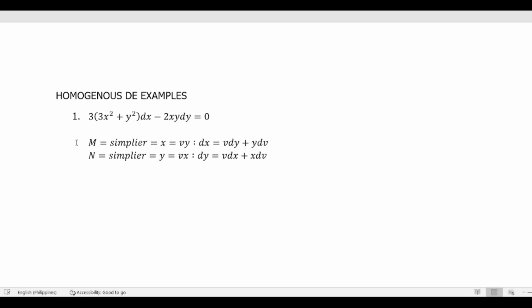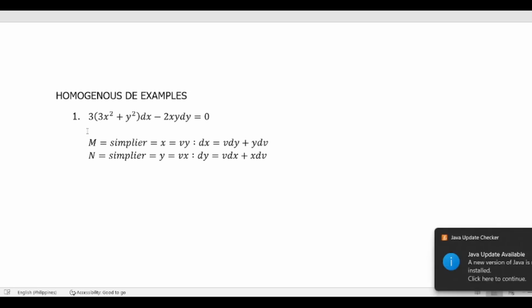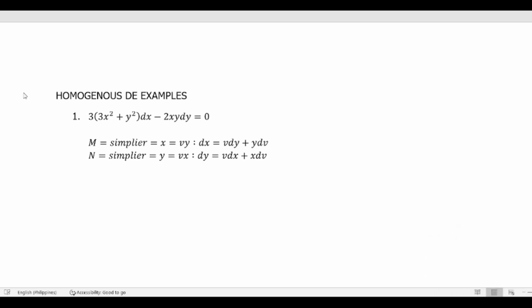So let's start. The first example that we have for today is 3 multiplied by the quantity 3x squared plus y squared dx equals 2xy dy equals 0. This is an example of homogeneous DE because of this term. Why?